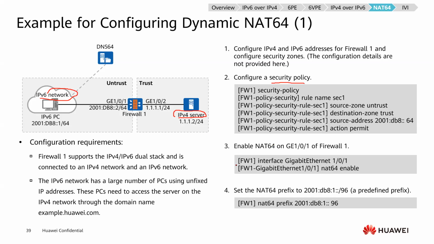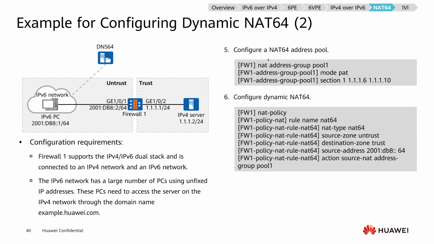And in this scenario, we use the interface to enable this function. So on this interface, you need to enable the NAT64, and then you need to configure what is the prefix for the NAT64, and this is the prefix you used.